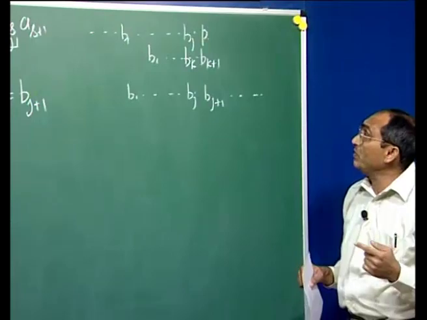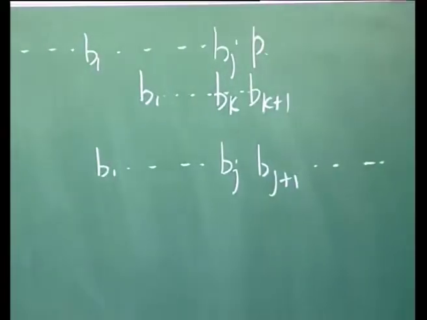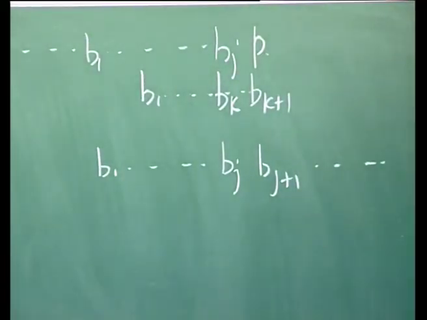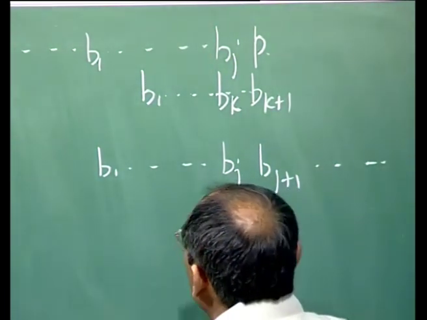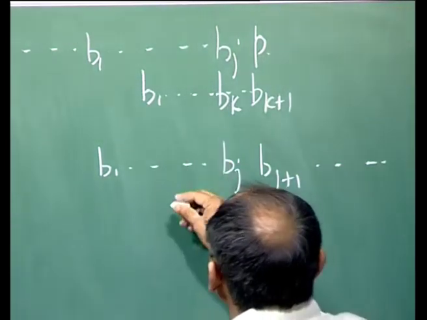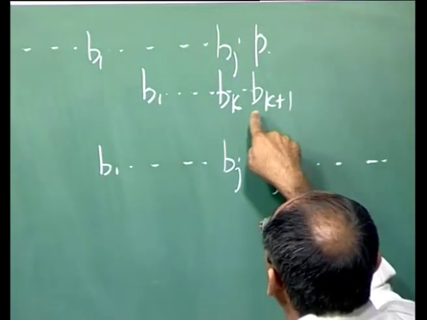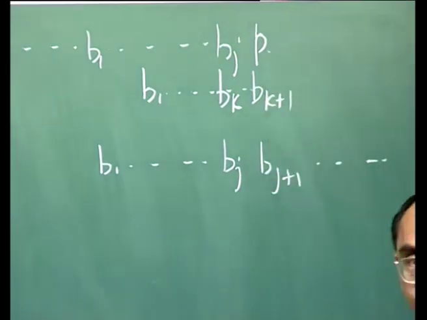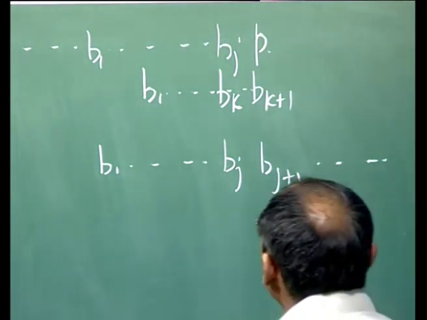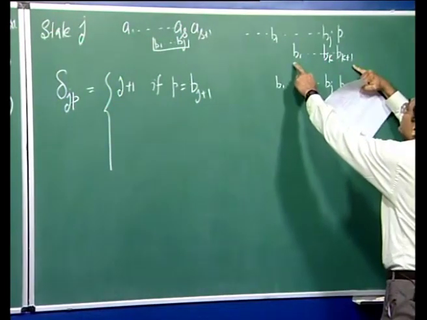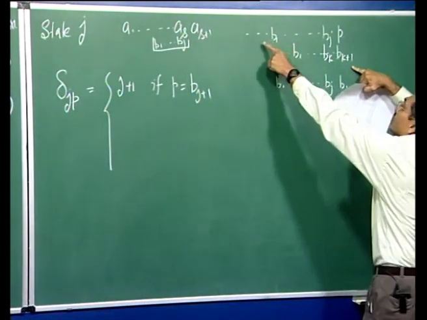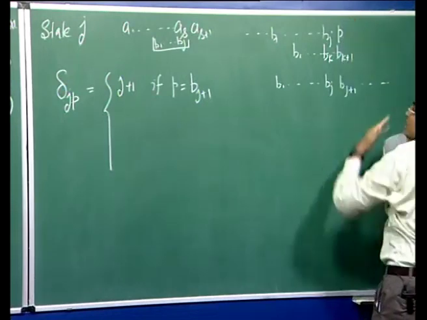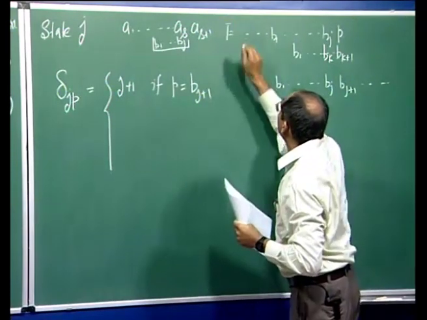But we know the longest such string is known to us. So, we will be looking forward to matching the symbol bk plus 1 with p. If we succeed, then we have found the longest possible initial substring of the pattern which matches up to this point, and this is of course our text string.